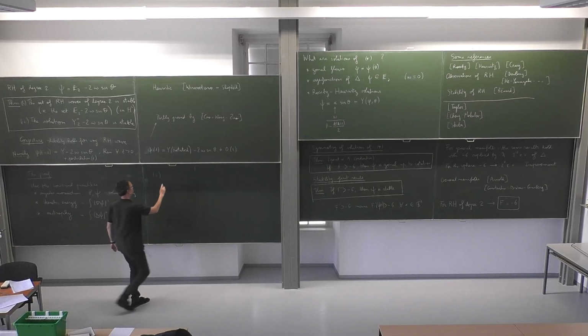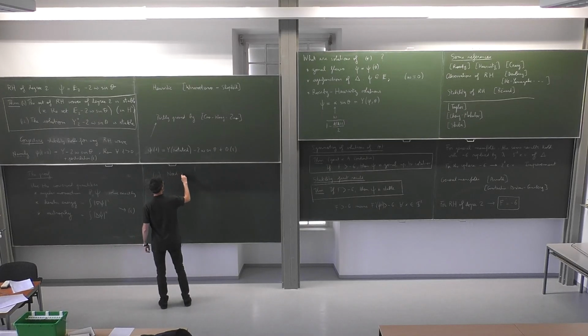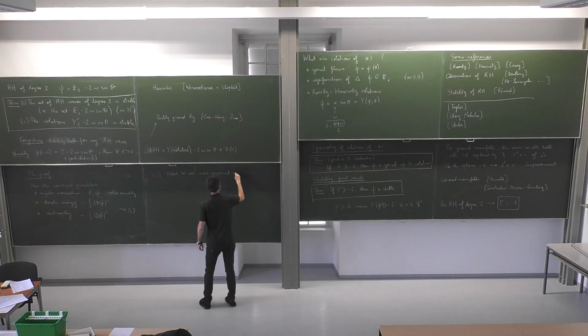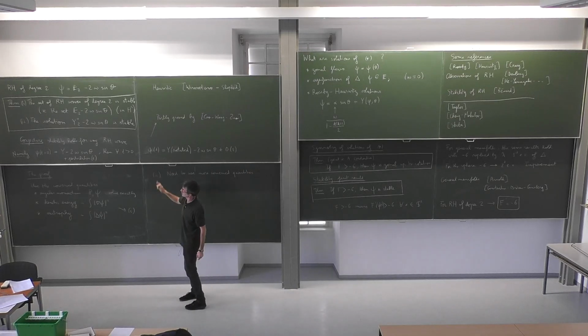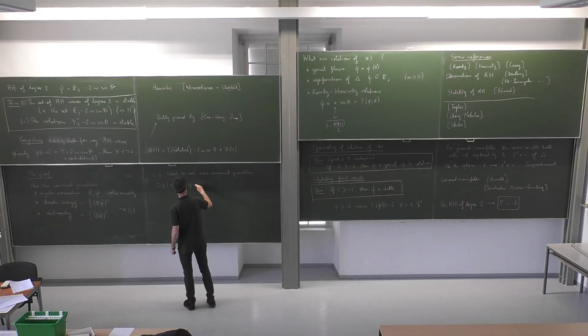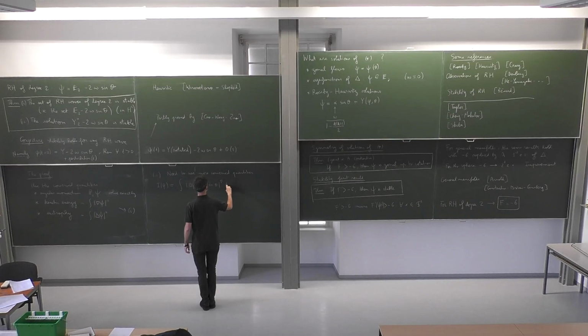what you need to do, you need to use more conserved quantities. So what's usually called Casimirs associated to the Euler equation, namely I of psi, which is the integral of Laplacian psi plus 2 omega sine theta to the p, d sigma.